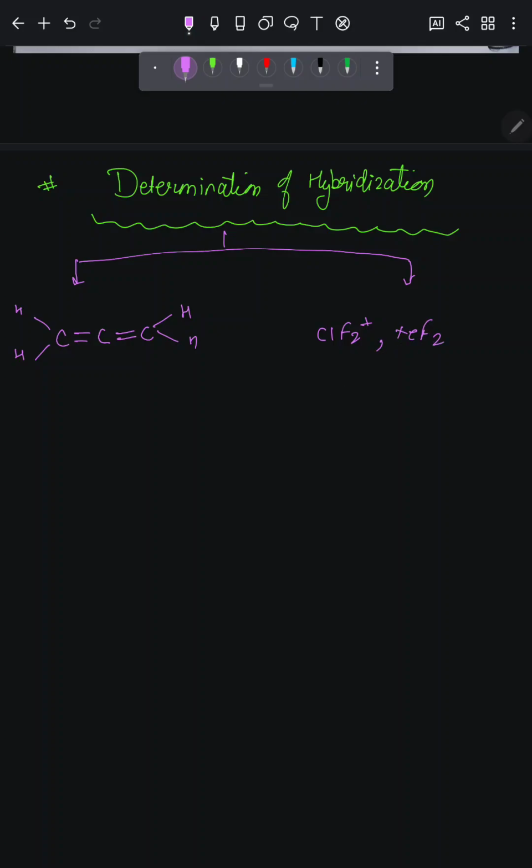So these are the two determination methods by which we can determine hybridization: the structure given method, and another one, the molecular formula method.